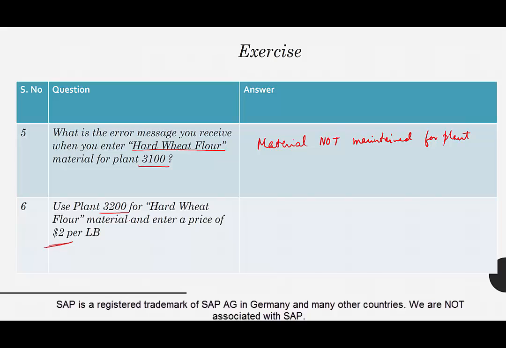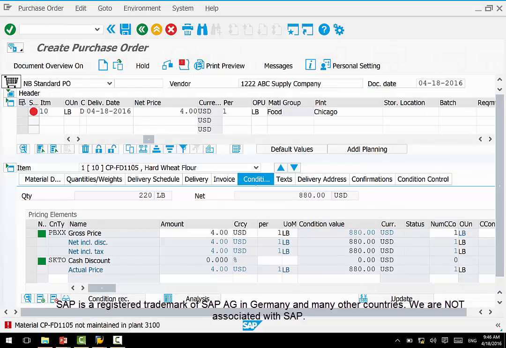So use plant 3200 for this material and enter a price of $2 per pound. So instead of 3100, the question asks us to enter 3200 and then enter some price, right? It gives you a warning. Order quantity violates rounding rules. There is something called a rounding rule.